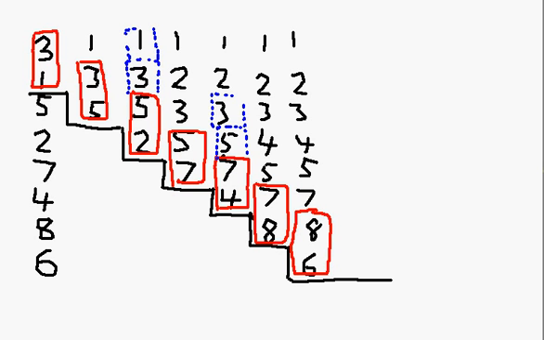Now that's going to require a swap, so I'm going to need to compare the 6 with the 7. That's going to require a swap. Then compare the 6 with the 5. That won't require a swap, so I can stop there. So my final list looks like 1, 2, 3, 4, 5, 6, 7, 8.